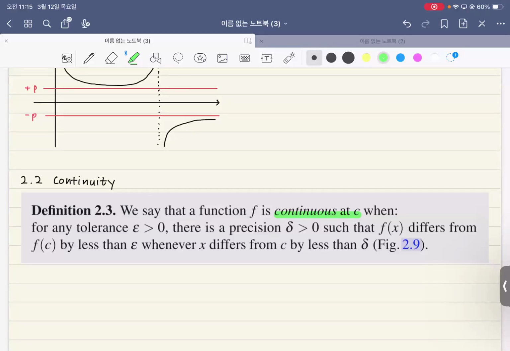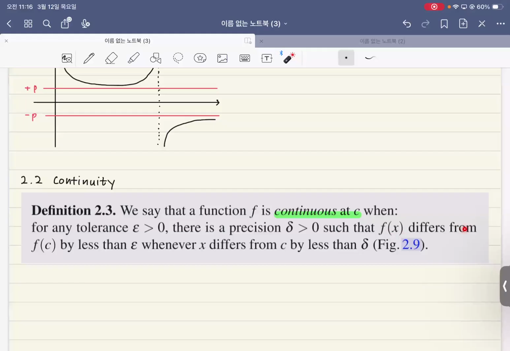Okay, let me try to read it line by line. We say the function f is continuous at c if for any positive epsilon, you must be able to find another positive real number delta, satisfying the conditions given below.